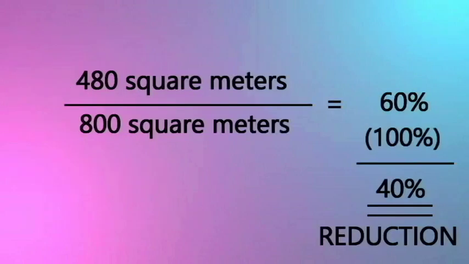So, we are going to compute for the reducement. 480 square meters divided by 800 is equals to 60%. So, minus 100% is equals to 40%.